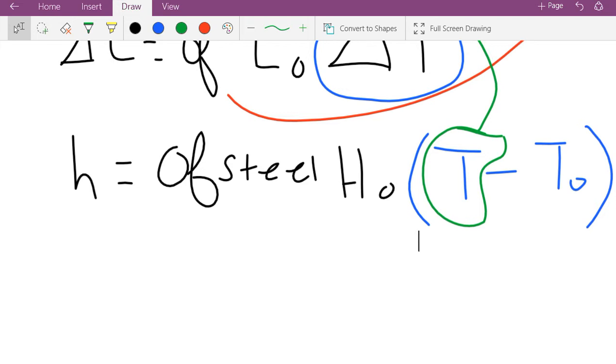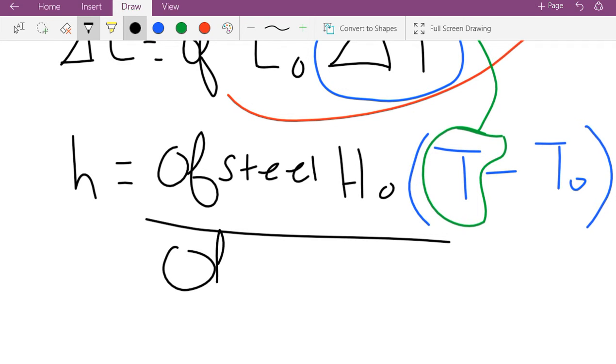So right off the bat, we're going to divide by alpha steel h naught. God, that is horrible. I'm just going to put an A. It's hard to draw with this thing.